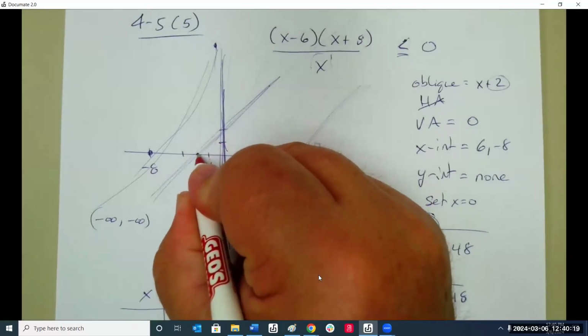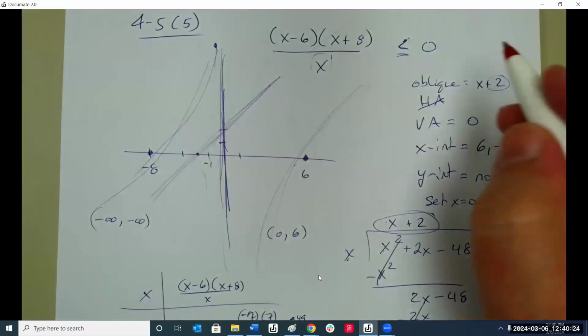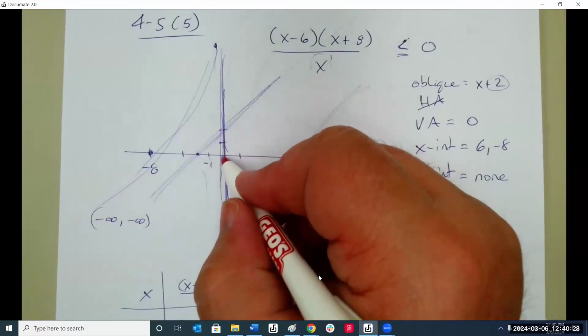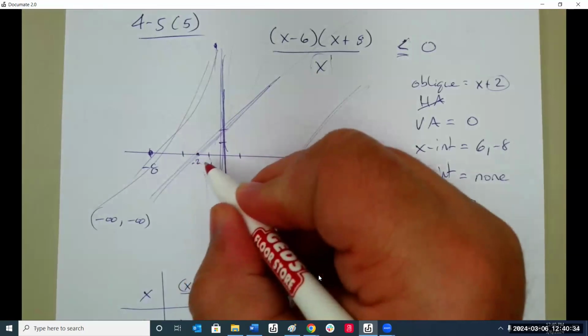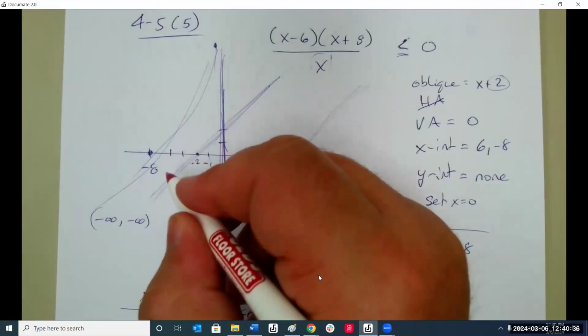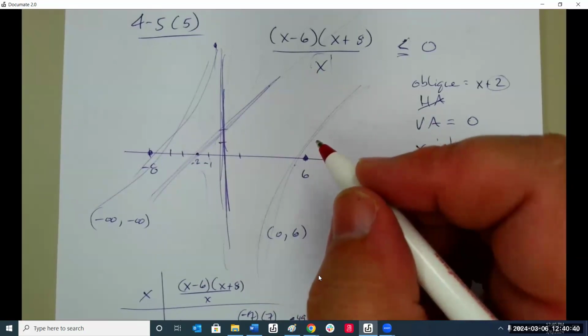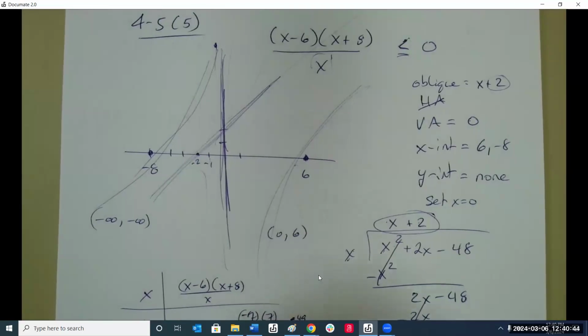Wait, where's my intercept here? +2. So this would be a -2. Oh, what, -4, I'm sorry.